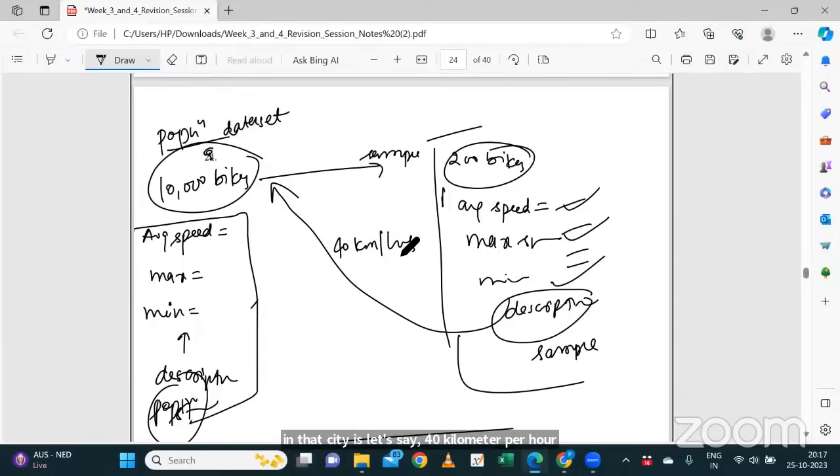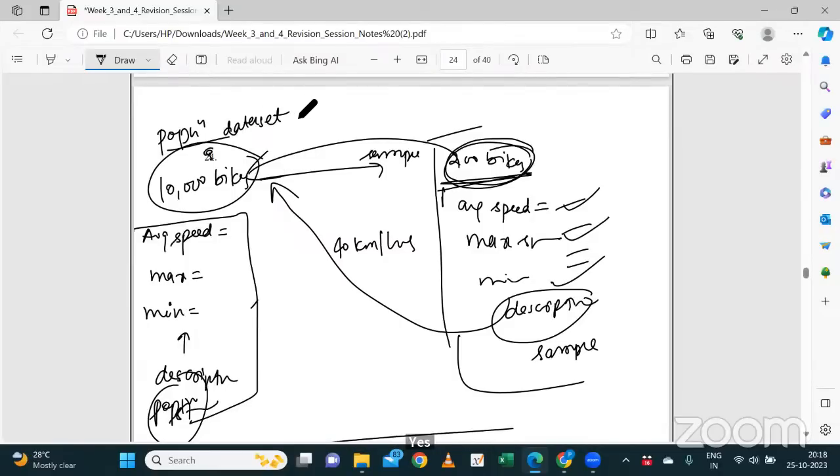Then it's inferential. You are making an inference, a conclusion based on the sample data set for the population data set, right? That's what is called inference.